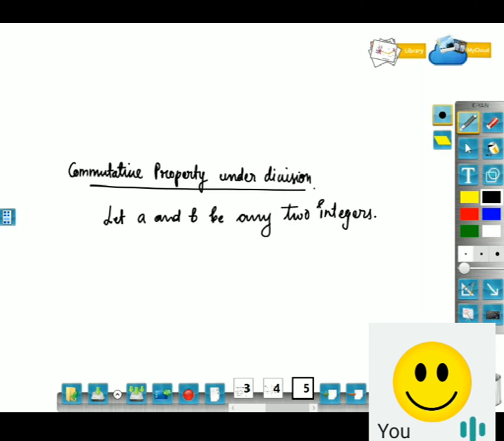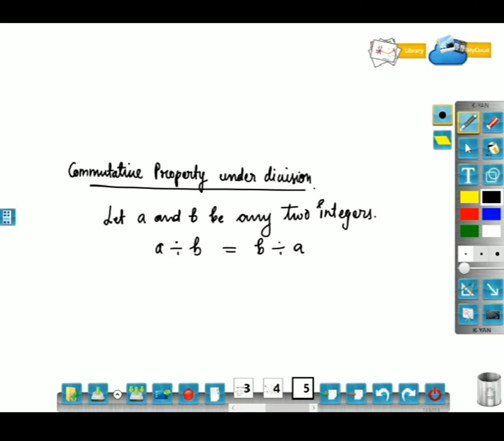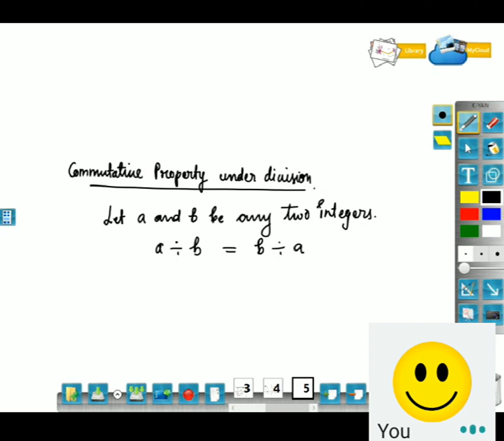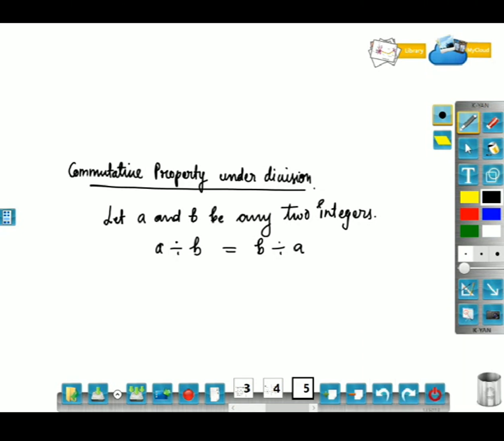According to the commutative property, a divided by b should be equal to b divided by a. Now let's check whether the left hand side and right hand side of the equation are equal or not. Let's take some values for a and b.